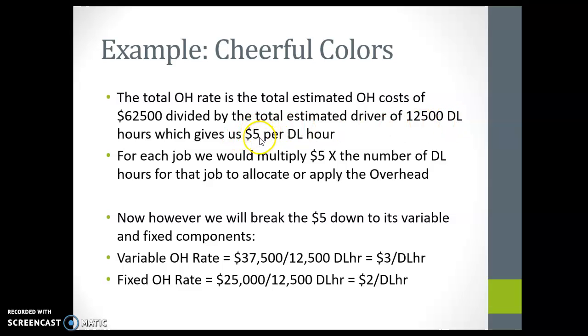That gives us $5 per direct labor hour. That's our predetermined overhead rate. Okay, and for each job then we would say, well, how many direct labor hours did this job take? Multiply by 5, and that's how we apply that overhead.